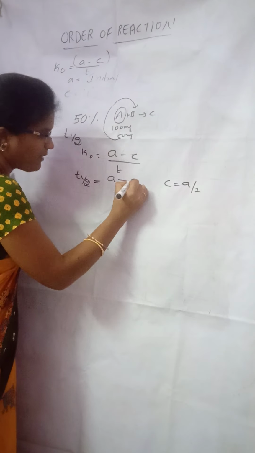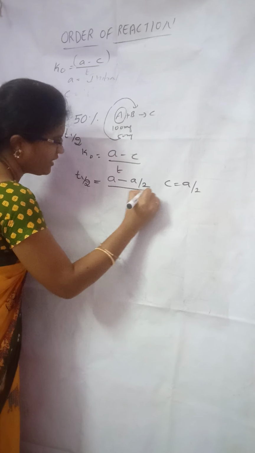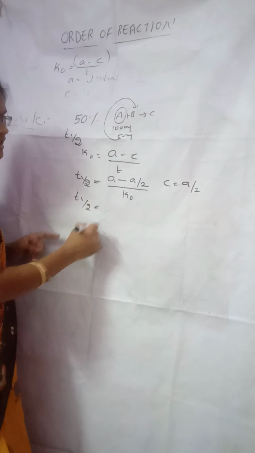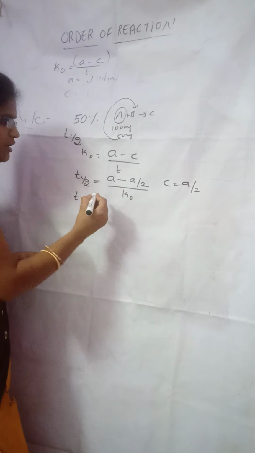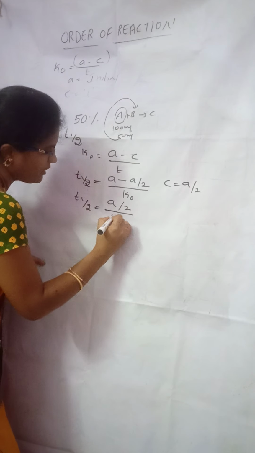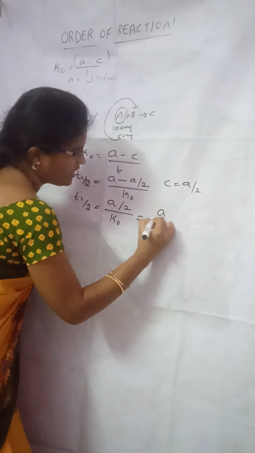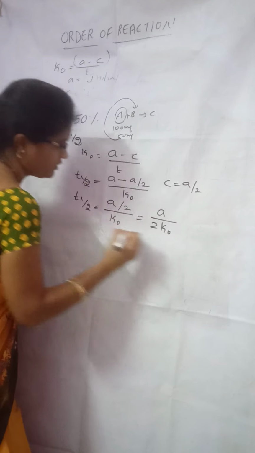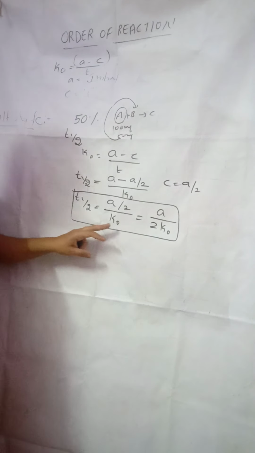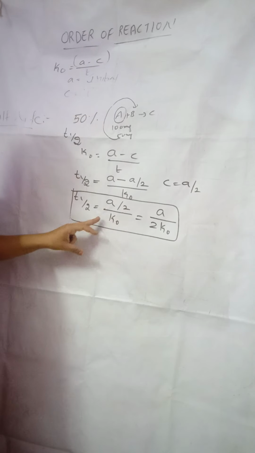So A minus A by 2, divided by K naught. As you take T to the left side, K naught comes to the right side. Now subtract A minus A by 2, which is 1 minus 1 by 2, giving A by 2 divided by K naught. It can be written as A by 2K naught. So this is the equation for the half-life of zero order.